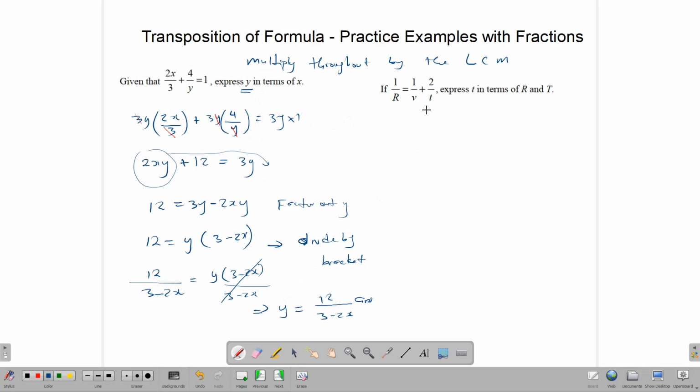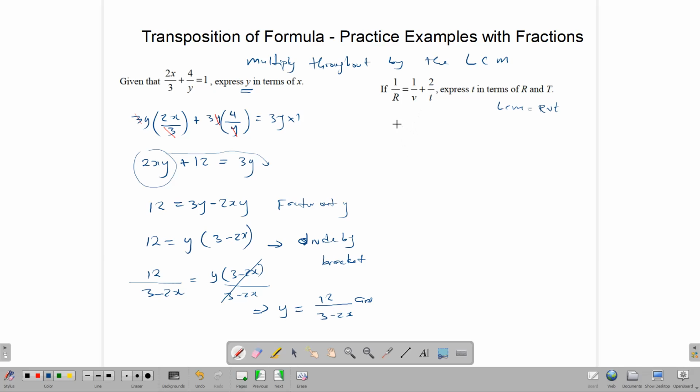Let's try that same technique here. Here now, your LCM is going to be RVT. So we multiply everything in the question by RVT. We are going to make t, this small t, the subject, this one.